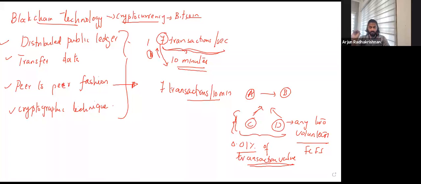There is no centralized person to authenticate a transaction, but authentication is given by any two volunteers in the network on a first come first serve basis.